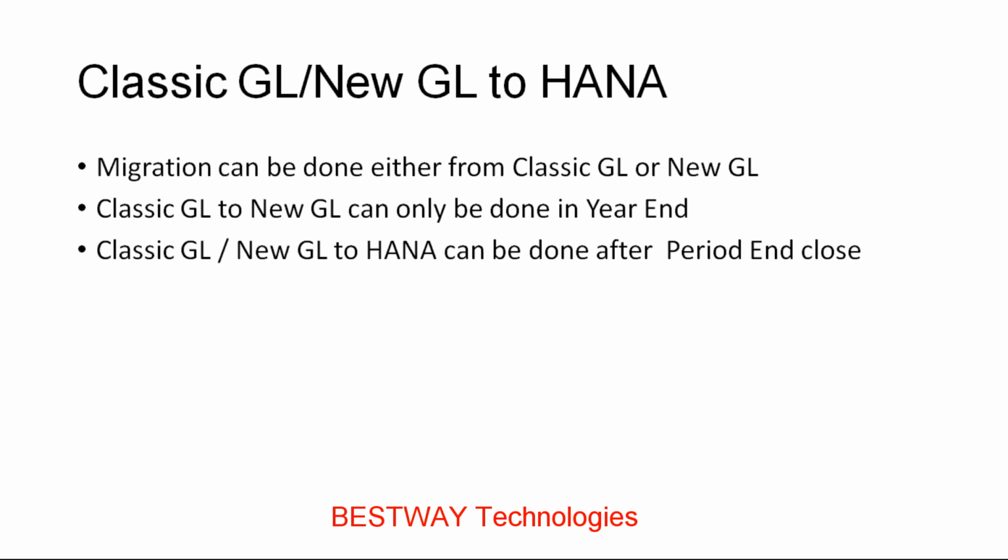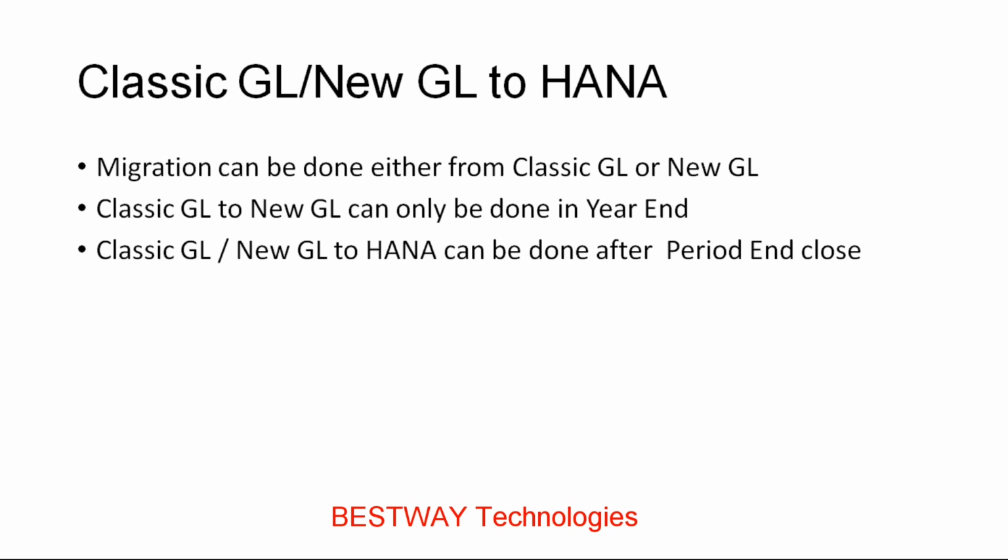When you go to HANA, the new GL concept, the ledger reporting, the leading ledger, is mandatory. So if you are in classic GL, when you migrate to HANA, you will be migrating data to a leading ledger. This migration to HANA can be done at any period end.